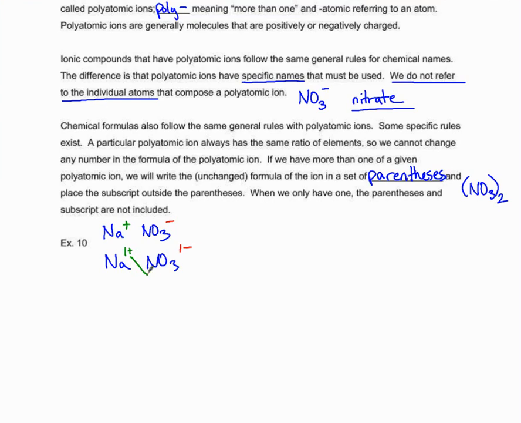So this 1 means that we're going to have 1 nitrate. Since it's a 1, we're just going to leave it off. We'll just put a 1 here for now so we can see it. The -1 charge for the nitrate means that we have 1 sodium.